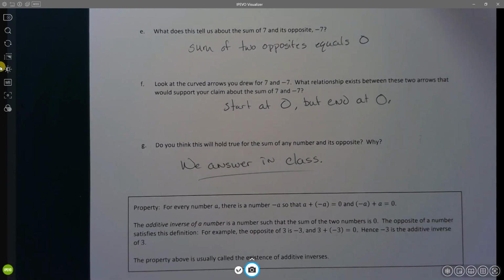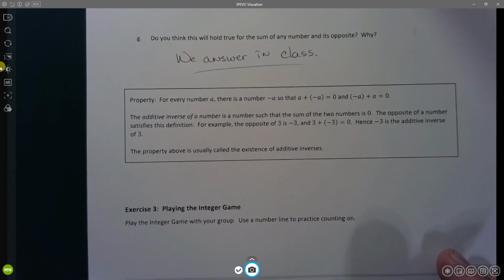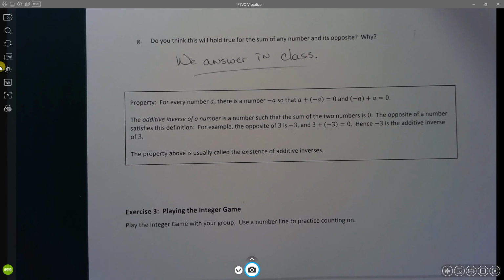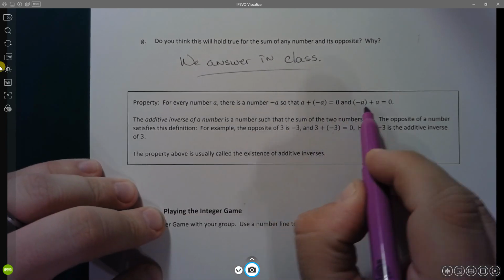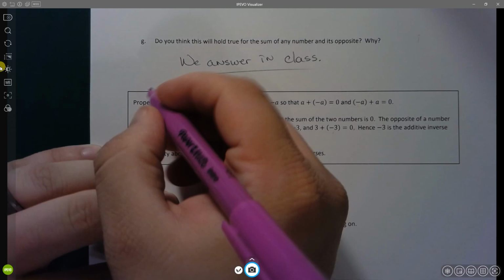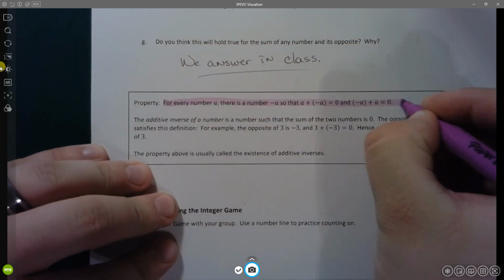All right, so take a look here. Here's a property, and we're going to need to remember this. For every number A, there is a number -A, so that A plus -A equals 0, and -A plus A equals 0. That is important to remember.